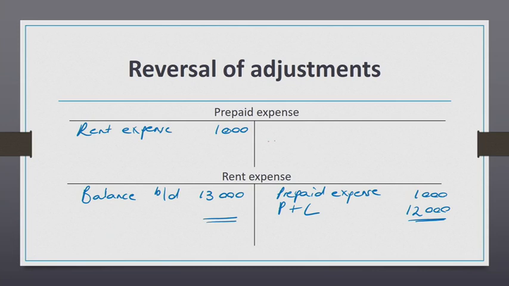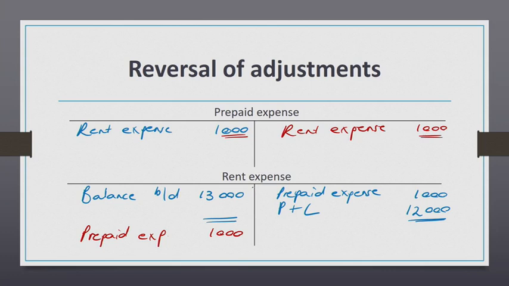Beginning of the next year, we want to get rid of the 1,000, so we must credit prepaid expense with rent expense, 1,000, and then we're going to debit rent expense with prepaid expense, 1,000. And once again, it makes sense.